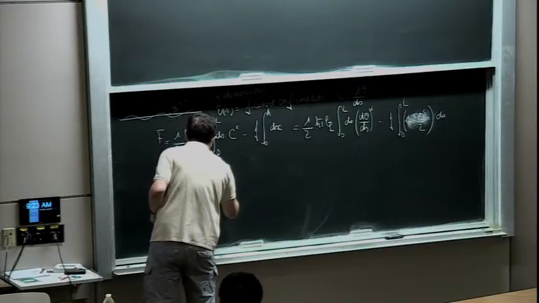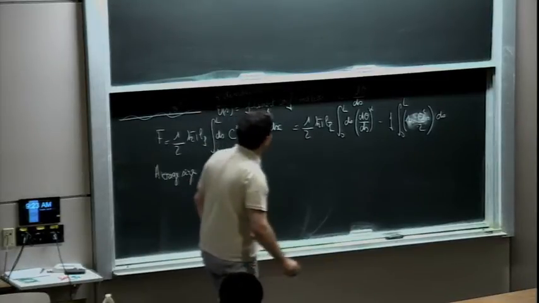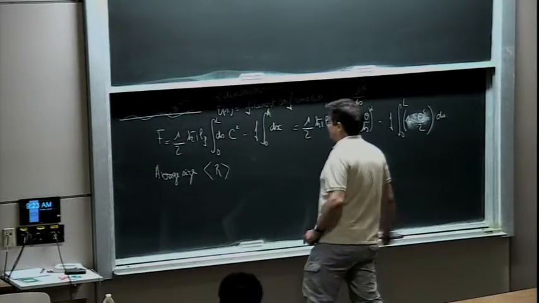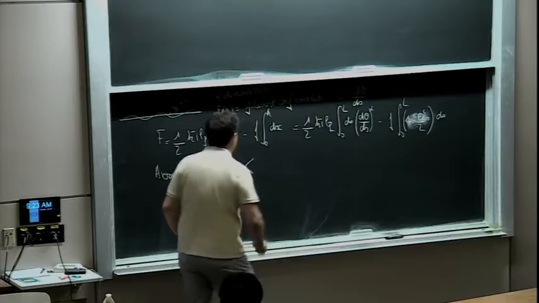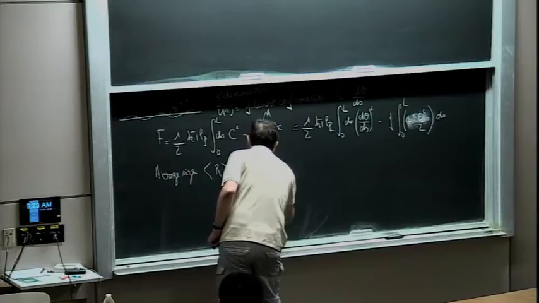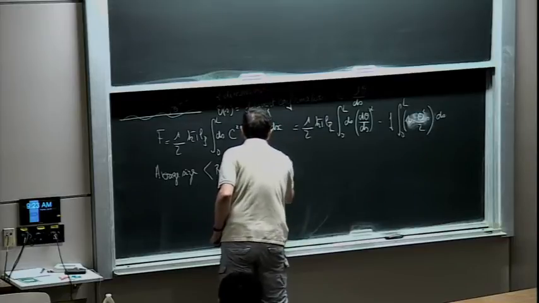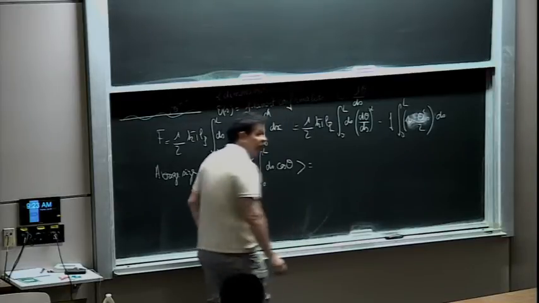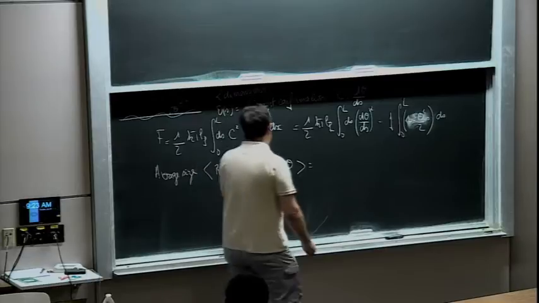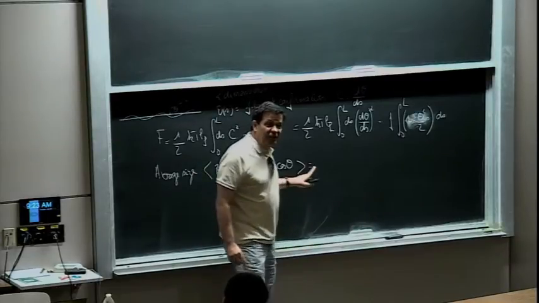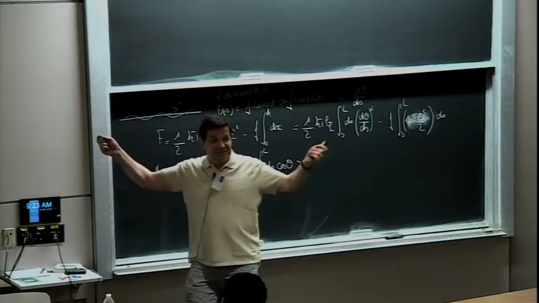In particular, I can calculate the average size. The average of R. R is just the average value of the sum of ds cosine theta from 0 to L. I do the same expansion as before. The 1 gives me the stretch length.